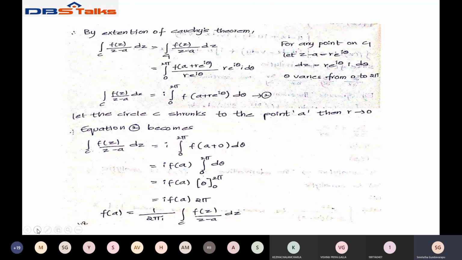So i into f of a is a constant, times integral 0 to 2 pi d theta. The integration of d theta is theta with the limits 0 to 2 pi. So finally we get 2 pi i f of a, which implies f of a equals 1 by 2 pi i integral over C f of z by z minus a dz.